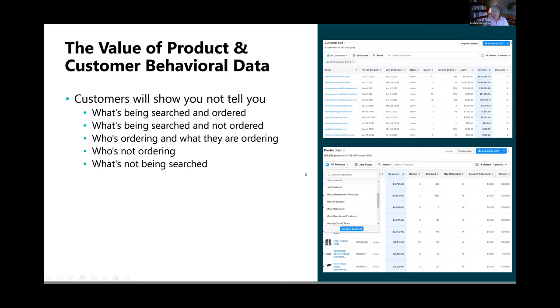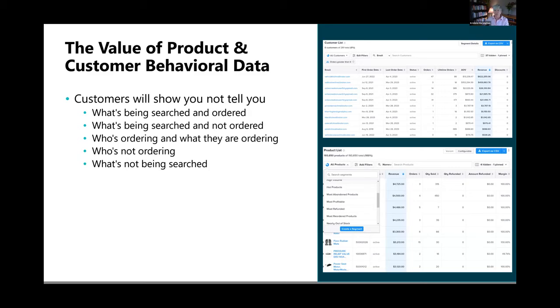What's not being searched? So what do you expect customers to be buying from you, but they're not? And this is where digital commerce can be really valuable, because you have lots of different ways that you can promote products that customers may not be thinking of you for. So this is especially true when you sell industrial products. Often your proprietary parts that you manufacture for your equipment, customers are always going to know you for that.